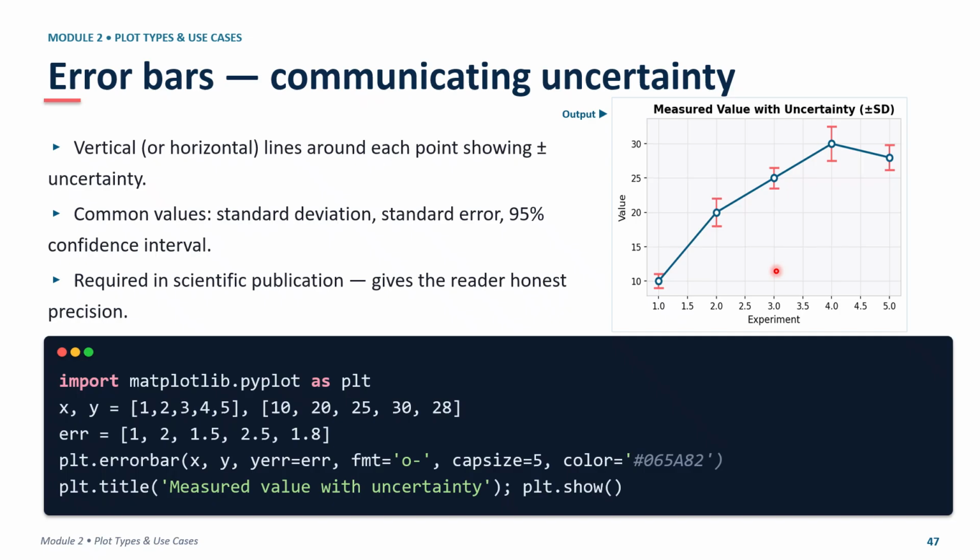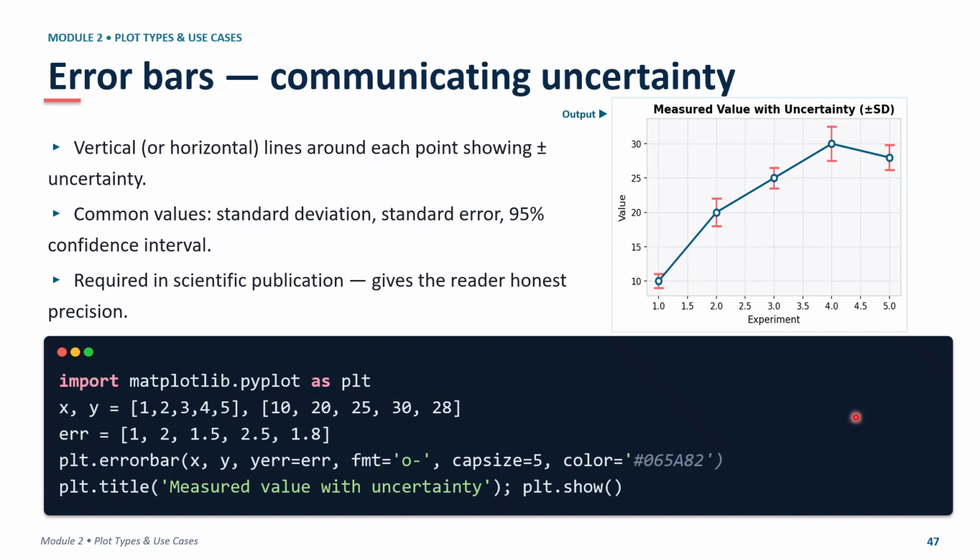This 95% confidence interval is the common error bar type used in most publications. In scientific publications, plots without error bars are often rejected by reviewers, as they are considered incomplete because they hide the precision of the measurements.